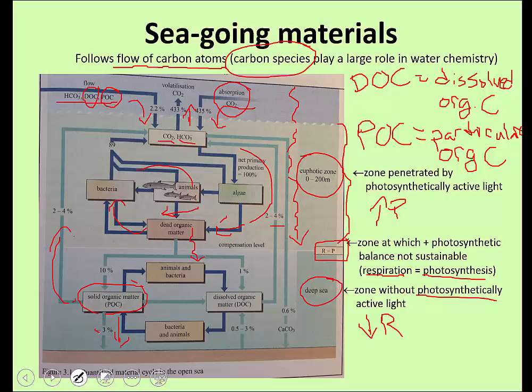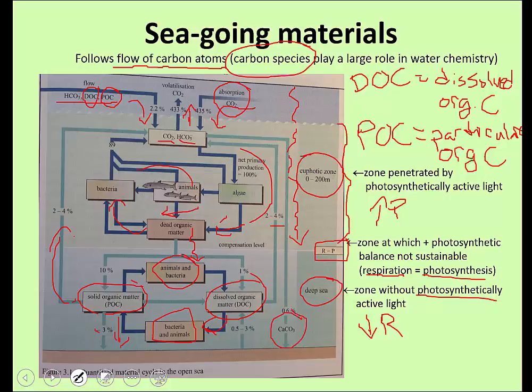It gets stirred up through ocean currents and whatnot, and brought back into the photosynthetic zone where it can be put back into the cycle. You do have a certain amount of the dissolved organic matter, okay, that can be used by creatures that live down here. There are certain types of bacteria, certain animals that can live at these depths, and they can cycle through this dissolved organic matter and the particulate organic matter.